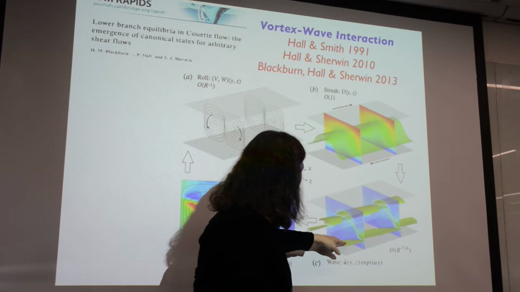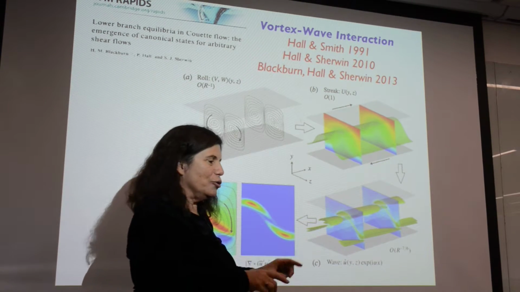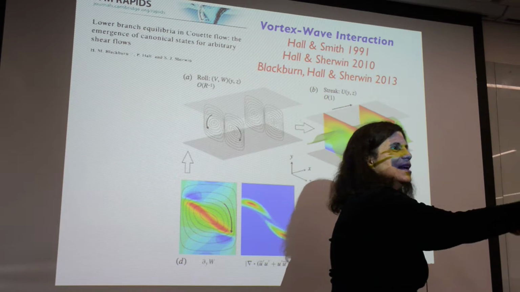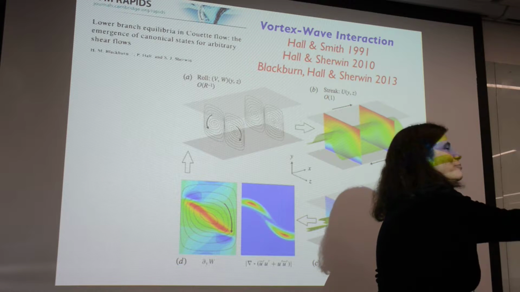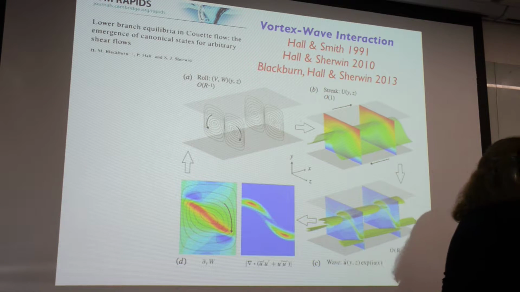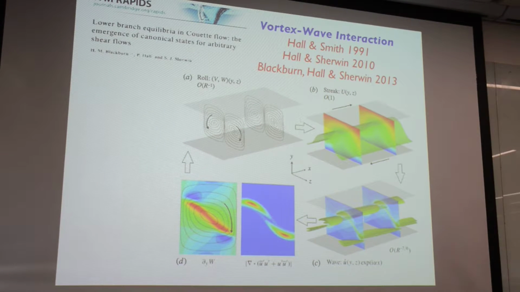So now, not only are there these rolls that bring up the positive velocity and bring down the negative streamwise velocity, these rolls are also undulating a little bit, as are the streaks. The whole structure is doing a little bit like this.